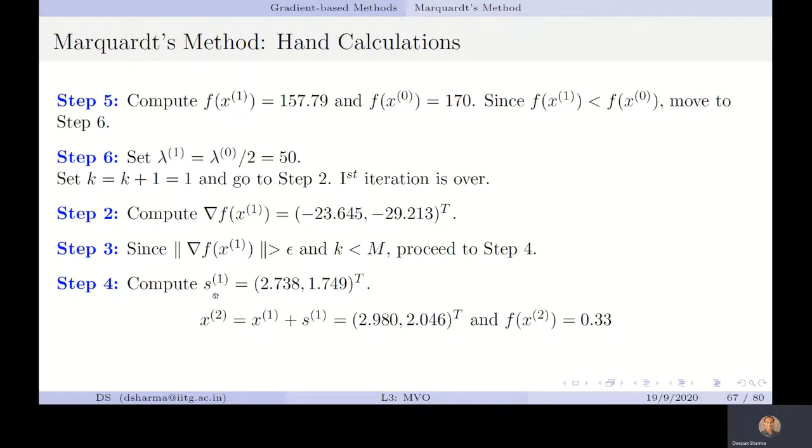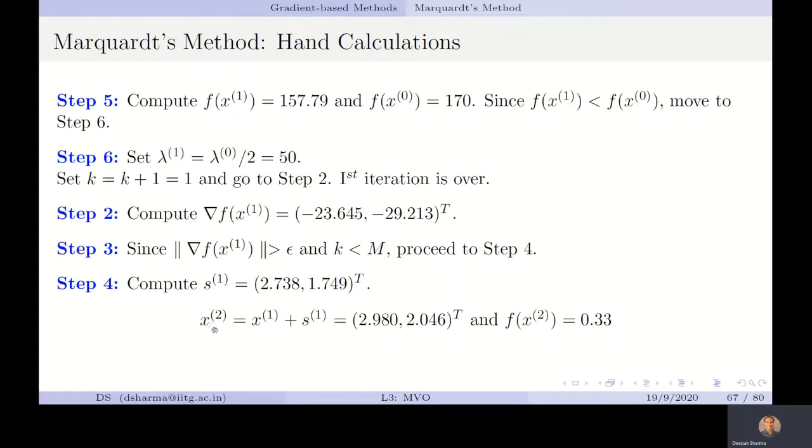In step 4, in the previous slide, I showed you the calculations for finding the conjugate gradient, which was S0. Now, if you follow the same calculation here, you will get S1, which is given as 2.738 and 1.749.